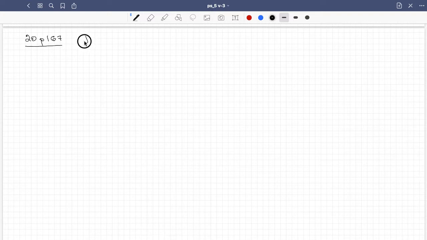They want us to find an ideal in Z cross Z, which is prime but not maximal.